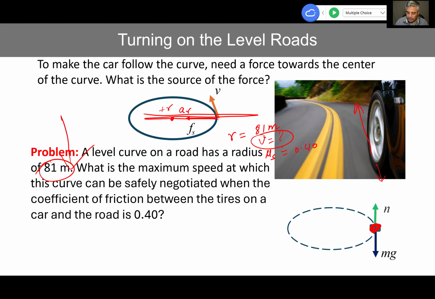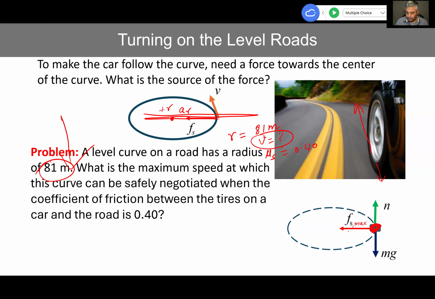Weight is always vertical down, normal force is vertically up in this case because we are talking about a flat horizontal road. And then friction force, and it is actually maximum static friction force, right?